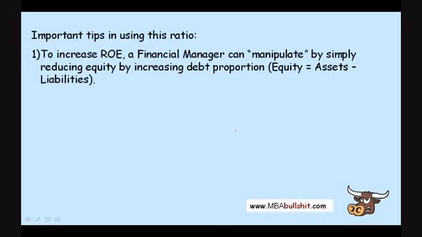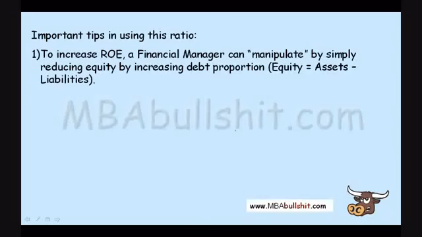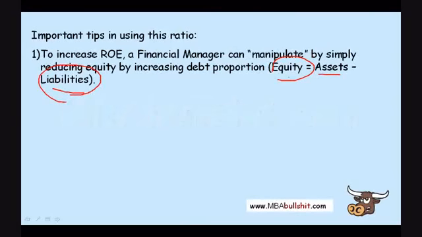How? By simply reducing equity of the company. How can he reduce equity? By increasing the proportion of debt. Because remember, equity is equal to assets minus liabilities. If the financial manager increases the liabilities, you will have a smaller amount of equity.